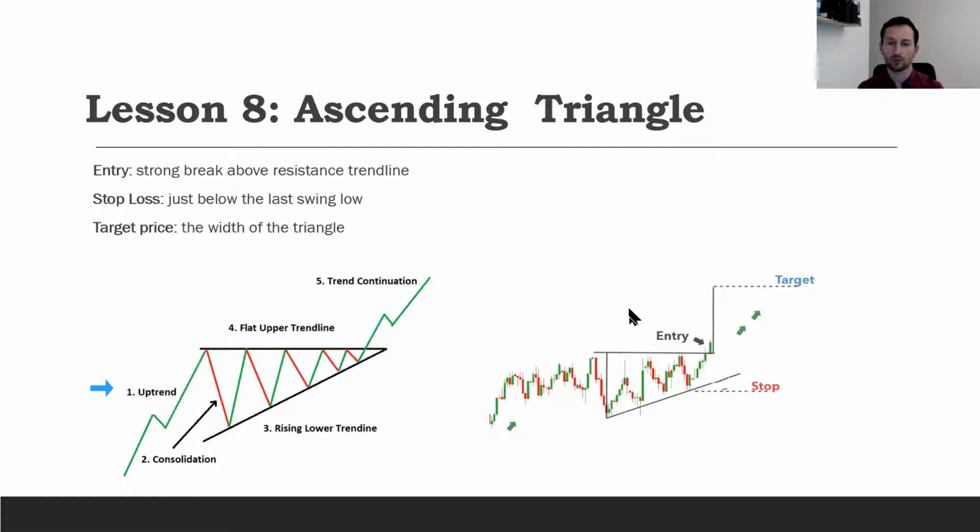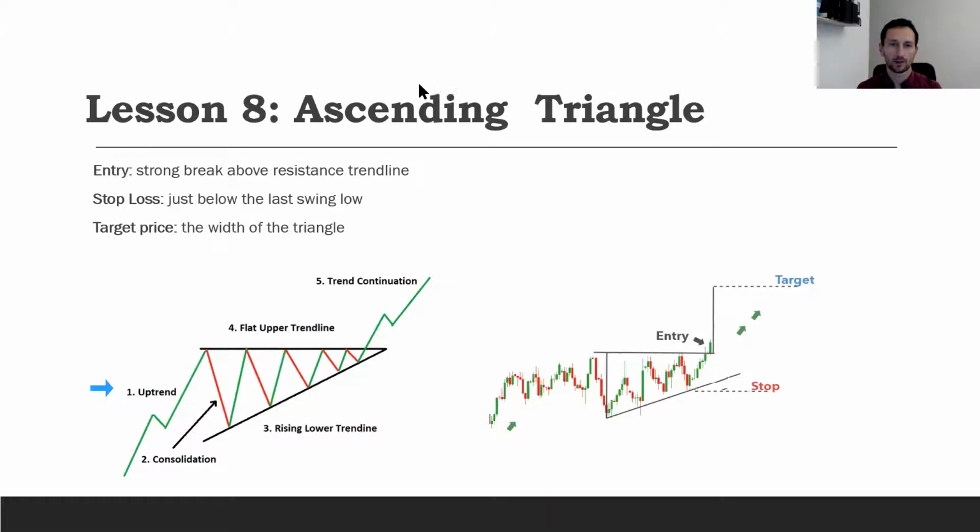More importantly, what I wanted to demonstrate here is where do you set the stop loss and what's your target? And what I love about the triangle formations or patterns is that they give you clear rules of what to expect in terms of price target and where to set the stop loss. The stop loss you typically set just below the last swing low, right?